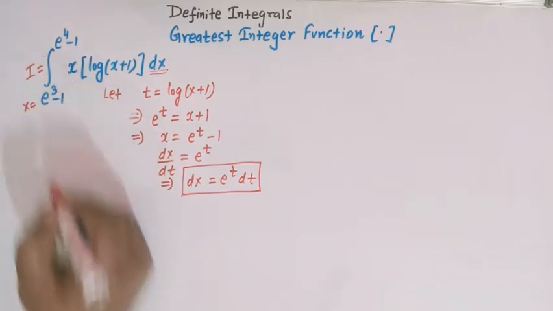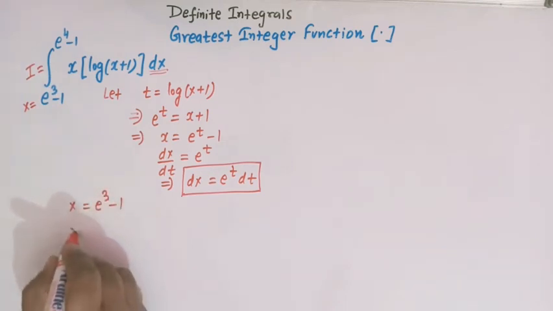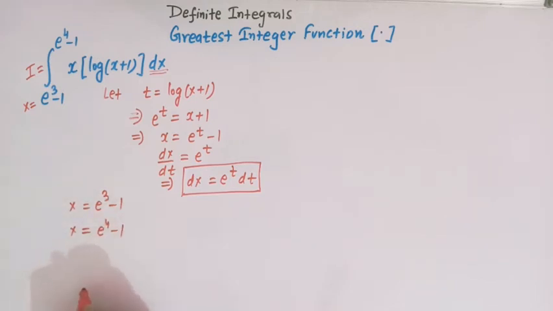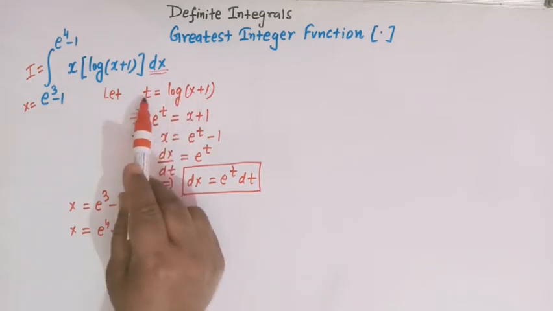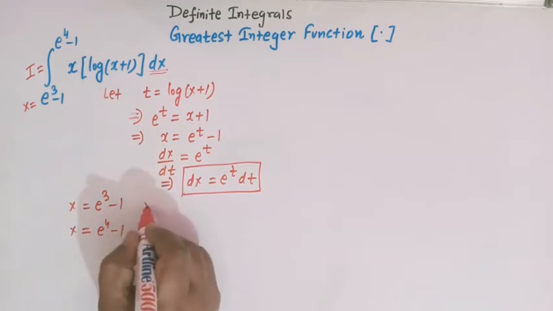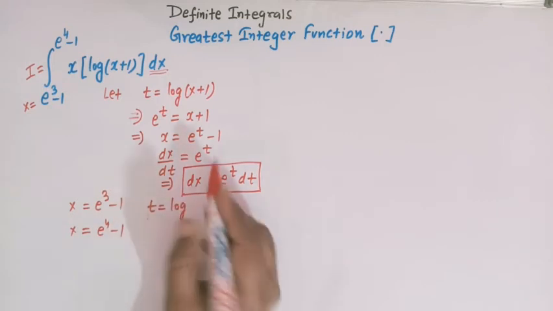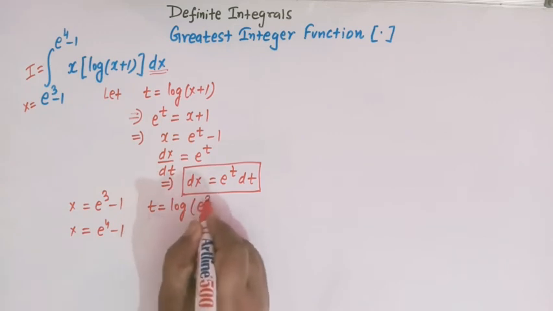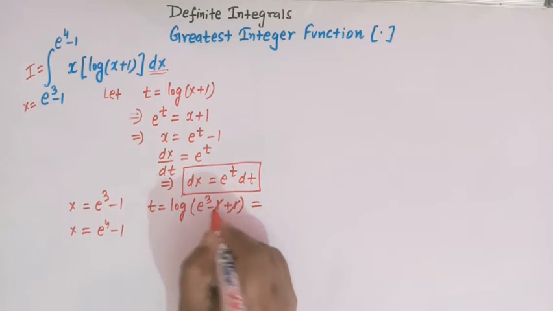So here we see that x varies from e cube minus 1 to x is equal to e raised to 4 minus 1, right? So here we can find out the values of t for these two values of x, right? So t is equal to log of x plus 1. So when x is e cube minus 1, we have e cube minus 1 plus 1, and 1 gets cancelled.